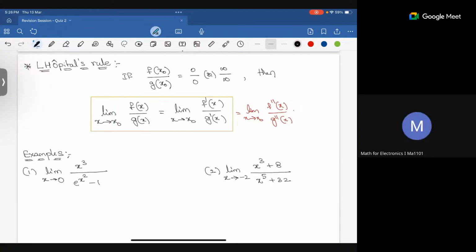Taylor approximations, okay. Expressions like e to the x minus 1, e power x kind of expressions.